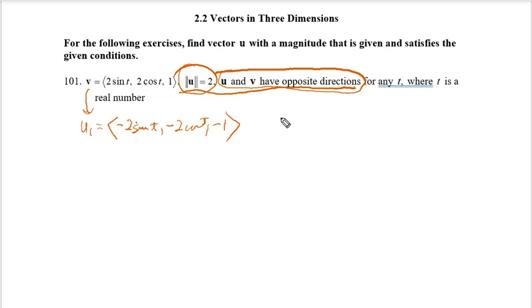Now this vector that we just found has a magnitude of 2 sine t squared, which is 4 sine squared t, 2 cosine t squared, which is 4 cosine squared t, and 1 squared, which is 1.